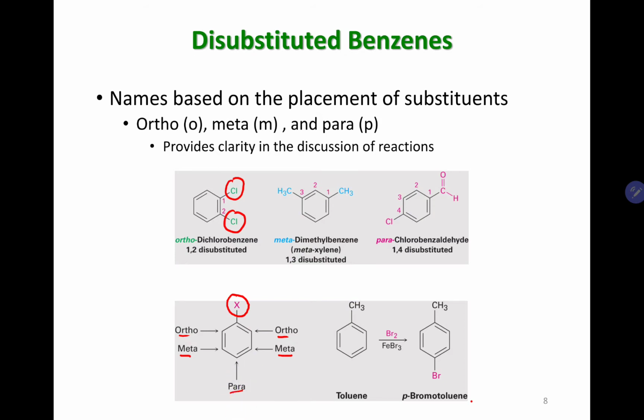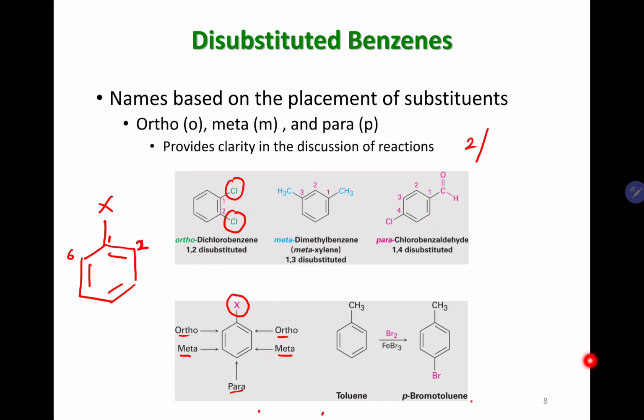If you take a benzene ring, and let's say you have a primary substituent called X attached to a certain carbon, number one carbon will always be the carbon that has the primary substituent. Then number 2 carbon and number 6 carbon are known as ortho.